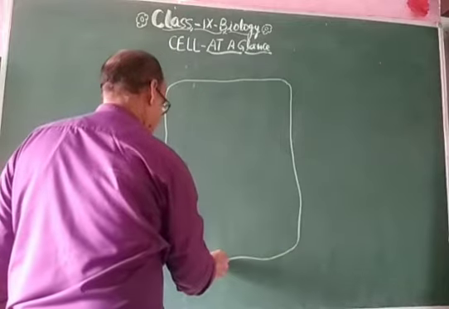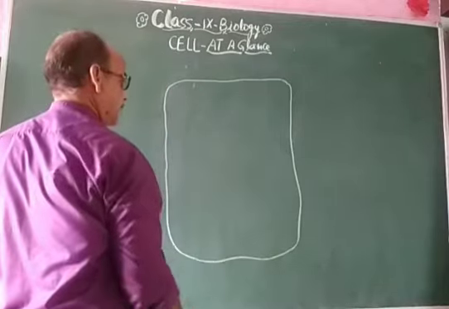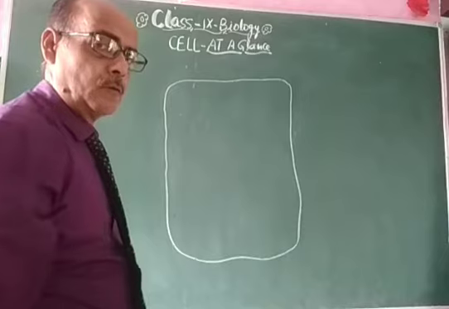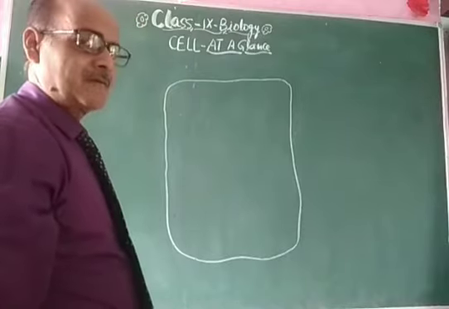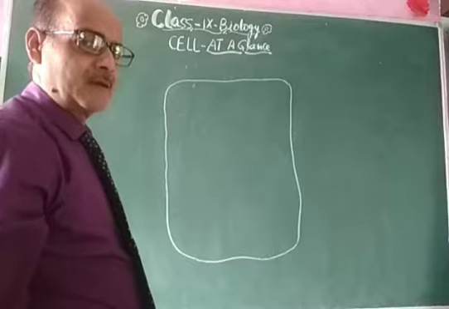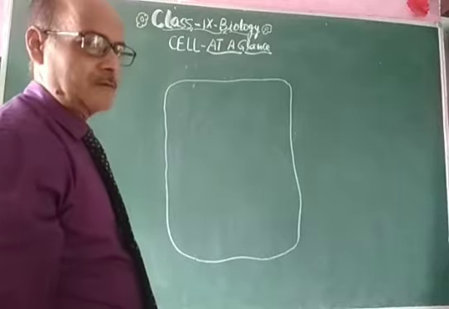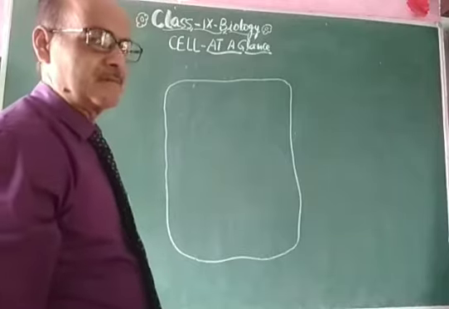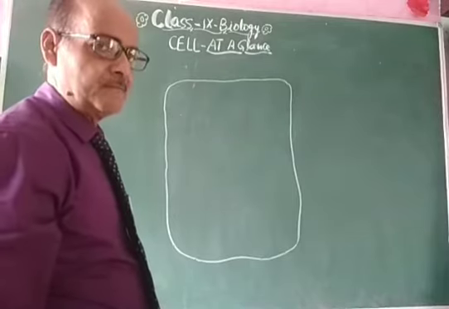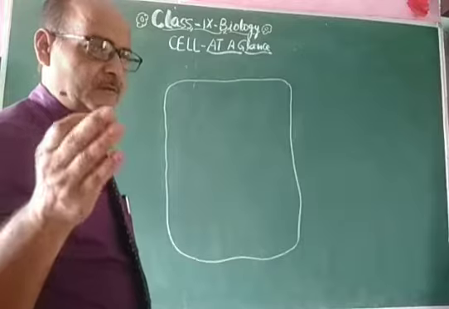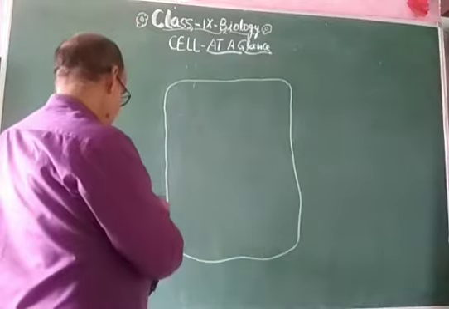The plant cell structure will describe the whole structure of the plant cell as well as the animal cell, since the different parts of the plant cell are also included in the animal cell. So by understanding the plant cell structure and function, you will be able to understand the animal cell also.